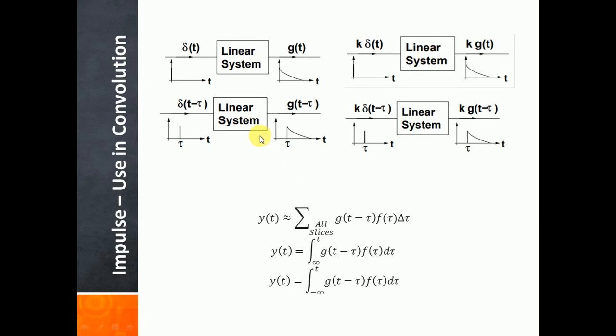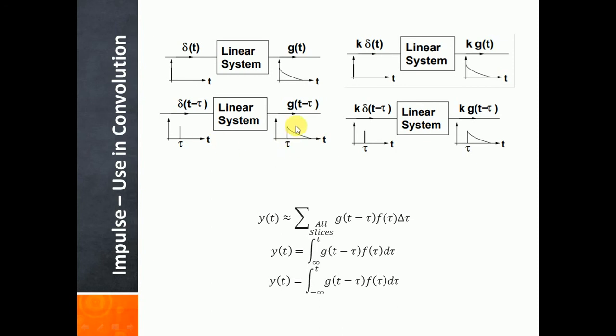Most of the undergraduate course talks about LTI systems, linear time invariant systems. In a time invariant system, if you defer the impulse by a duration tau, the output retains the same shape and is also deferred by the same amount tau.